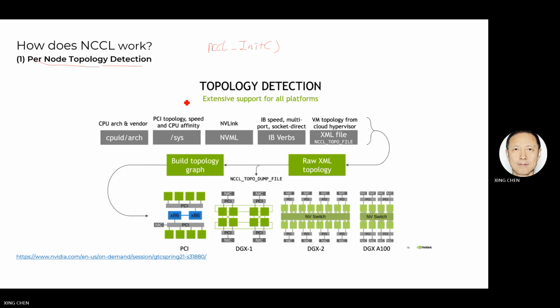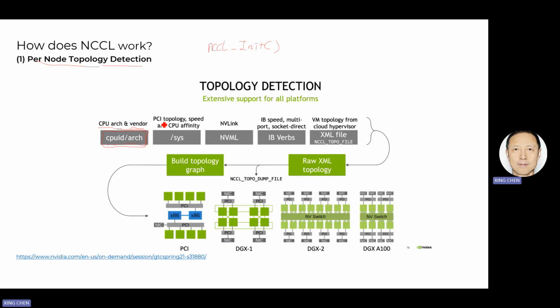So for each node, the NCCL library needs to have a look at the CPU architecture and the vendor specific information that could be located in the system, and NCCL needs to check all this information.